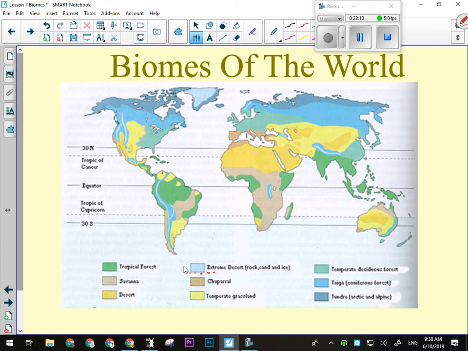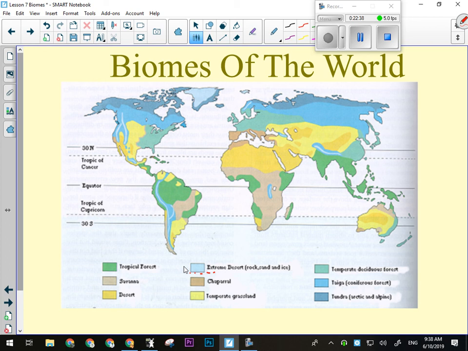And if there's a continent missing, what continent is missing? Antarctica. Would it be covered in that color? Completely. Antarctica is the definition of extreme desert. Nothing but rocks and ice. There's still a kilometer-thick ice sheet sitting on top of that continent. Antarctica is actually the driest continent, drier than Africa.